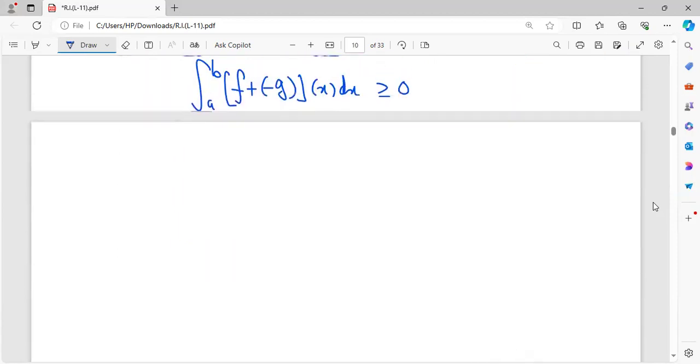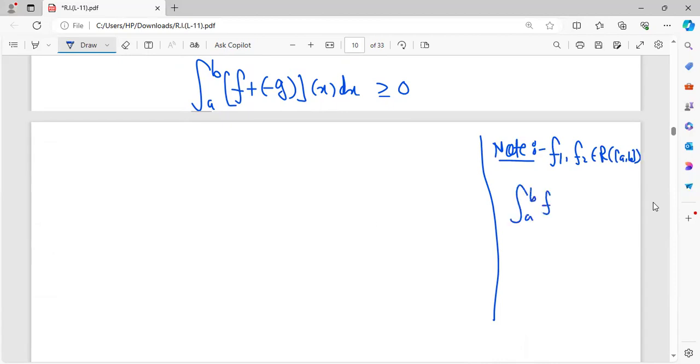We know that if f1, f2 are Riemann integrable, the integral from a to b of (f1 plus f2) dx is equal to the integral from a to b of f1(x) dx plus the integral from a to b of f2(x) dx.